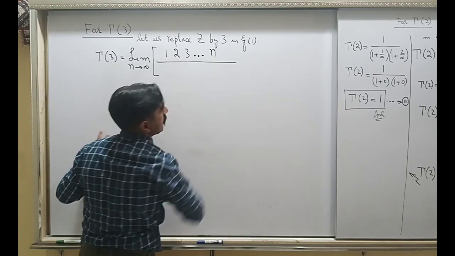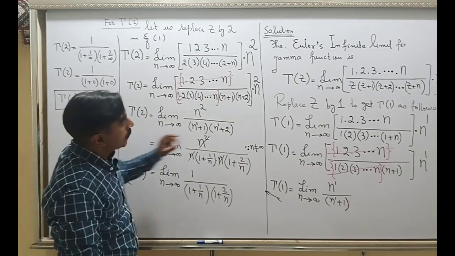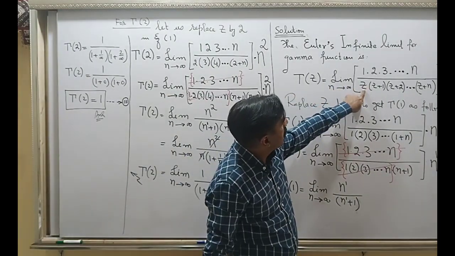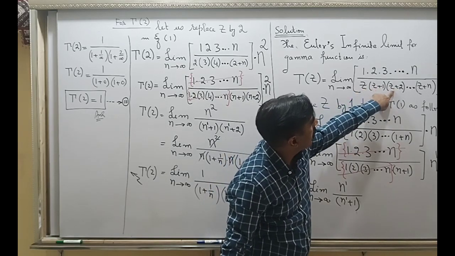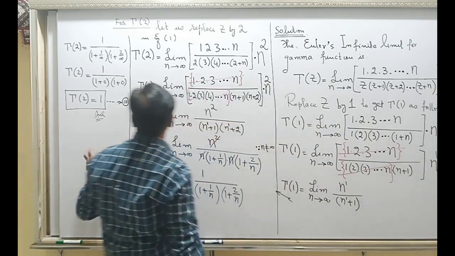And in the denominator, look, when you replace z by 3, then there is 3 into 4 into 5 and so on into 3 plus n. Let's write it.